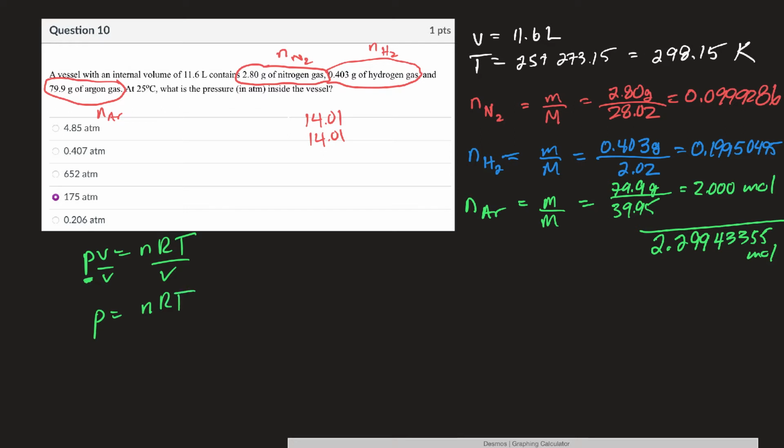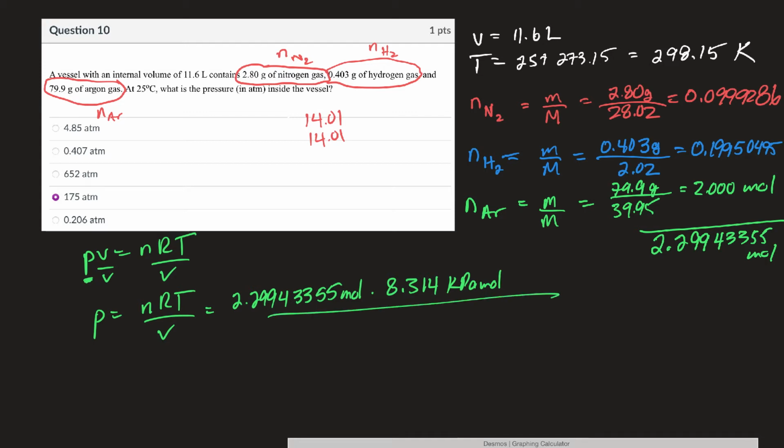Pressure is equal to nRT over V: moles, 2.2943355 moles, times 8.314 kilopascal liters per Kelvin mole, times the temperature, 298.15 Kelvin, over the volume, 11.6 liters.